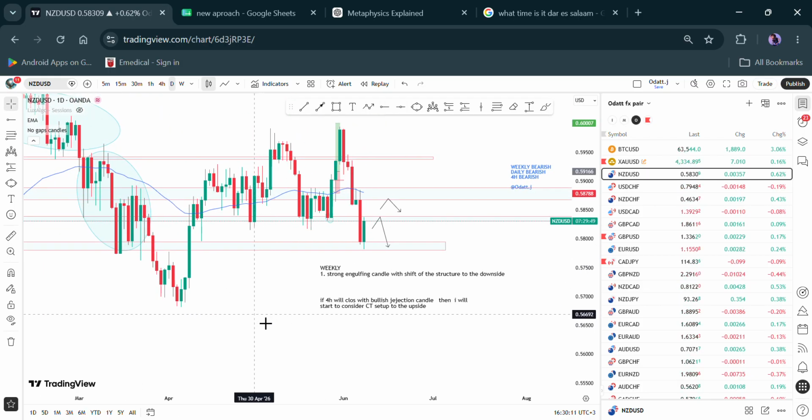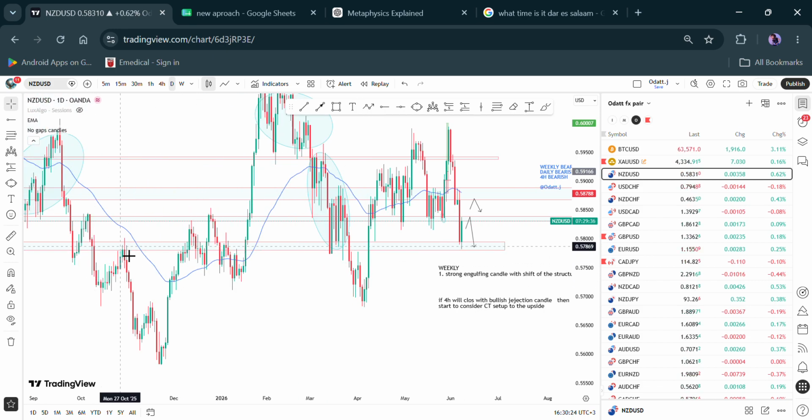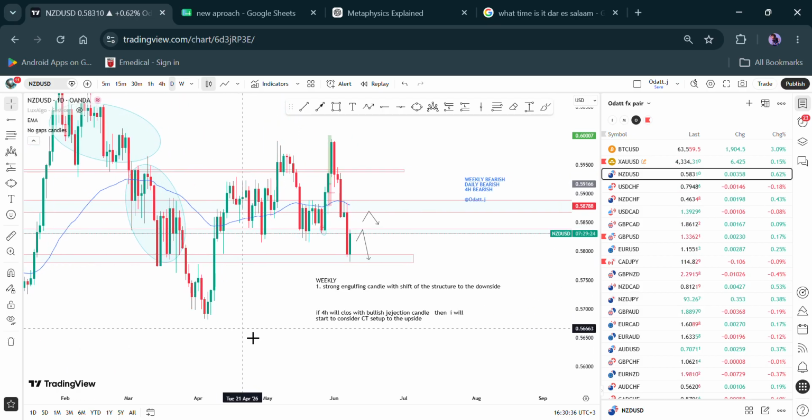Daily we are bearish. As you can see, last week on Friday, the daily candle closed at this beautiful support level. We have here support, resistance, support, and price also came here and acted as a support.